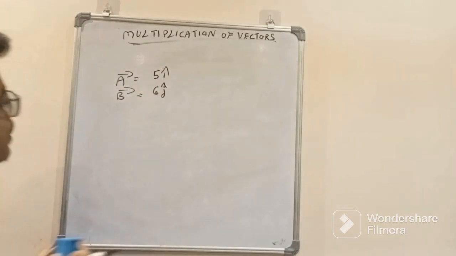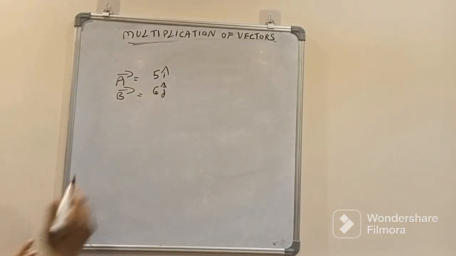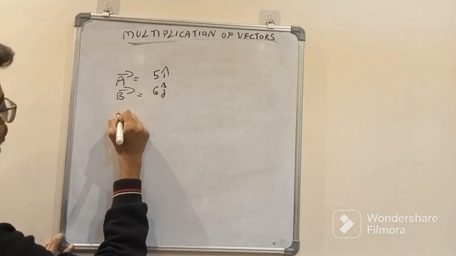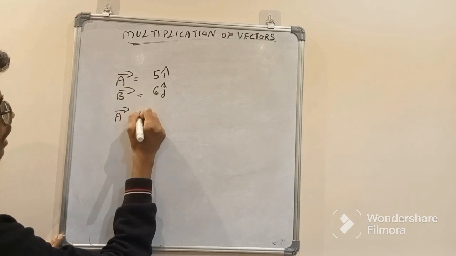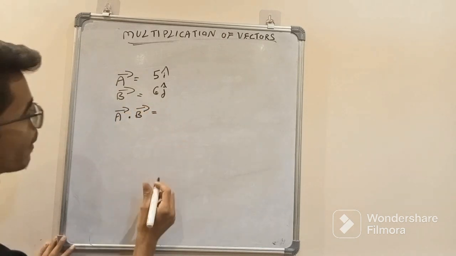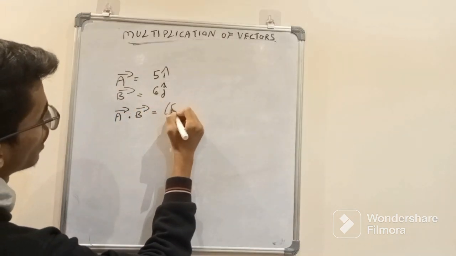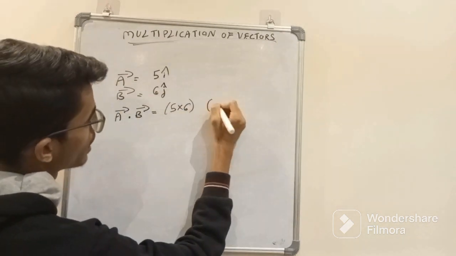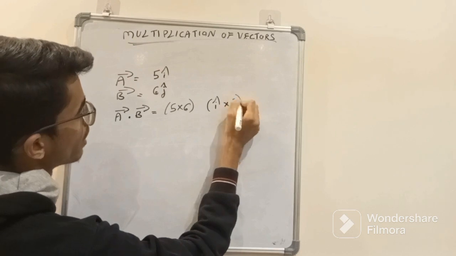Now let's get back to the question. A vector is 5i cap and B vector is 6j cap. We are asked to find A vector dot B vector. So ये सारे numbers को हम एक तरफ ले लेंगे and the variables on the other side, I into j.